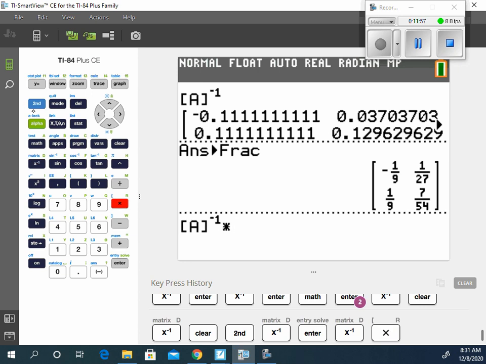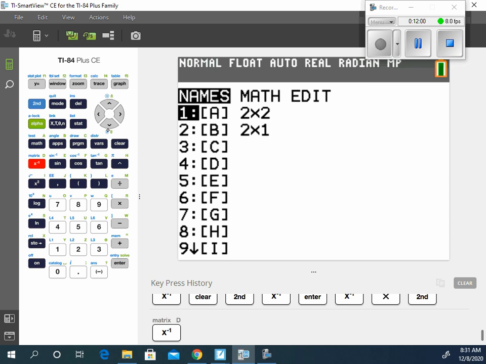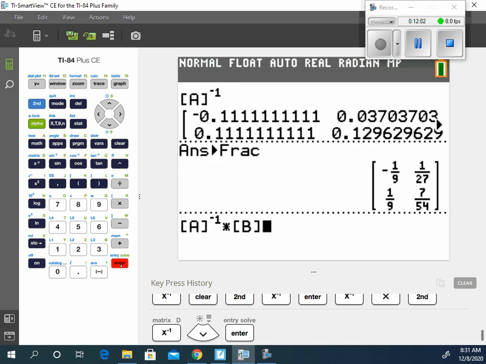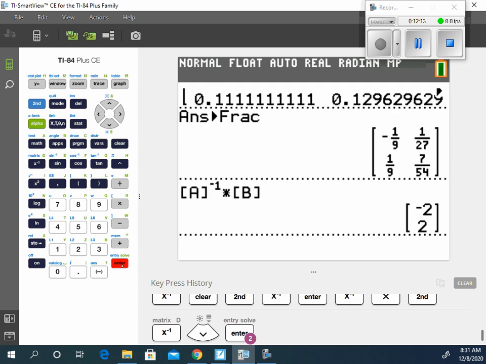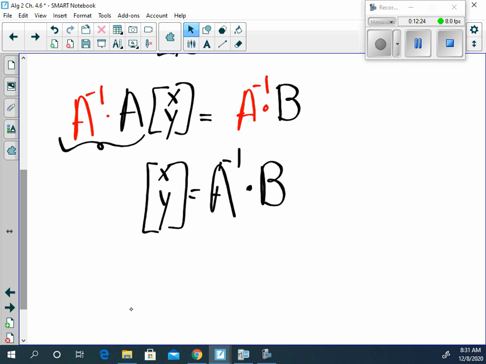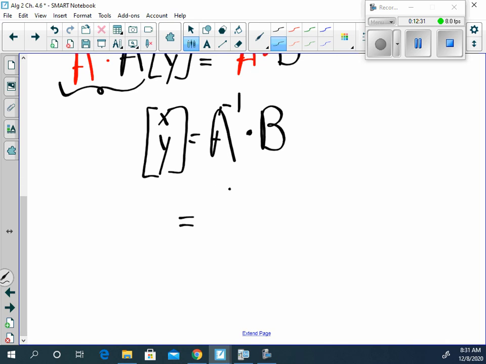Times second matrix B. Because that's what we're talking about for this here, because this product, A inverse times matrix B, as we set it up, will be the solution, which is negative 2 and 2. Negative 2 and 2. So if I come back over to these slides here, this product here gave us negative 2 and 2.